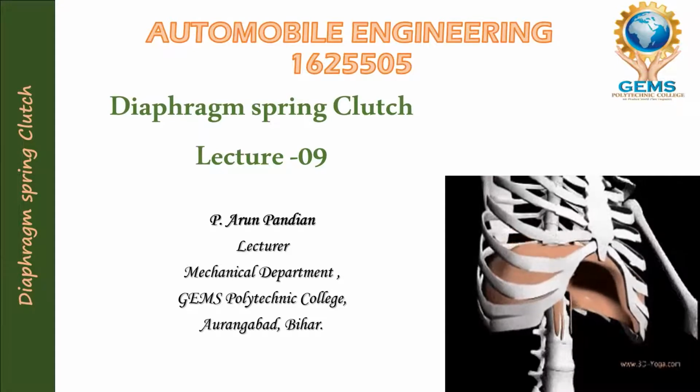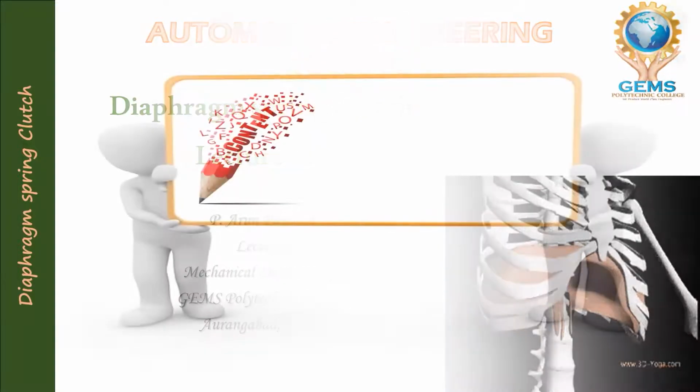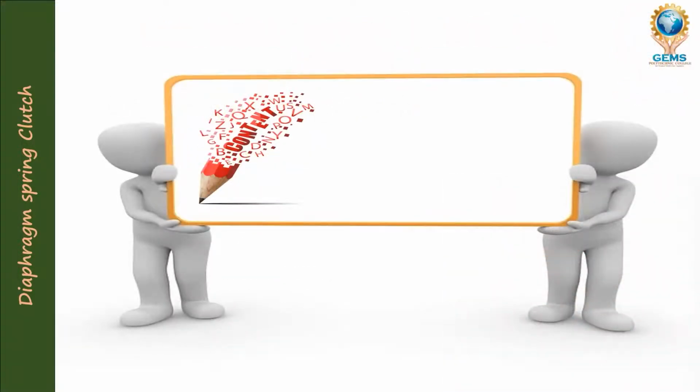So we are going to see the content. What are the contents we are going to see in this video about the diaphragm spring clutch? The first point is the definition of diaphragm spring clutch. Second, the introduction.